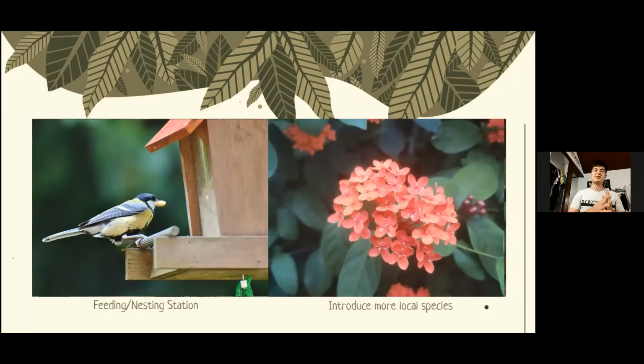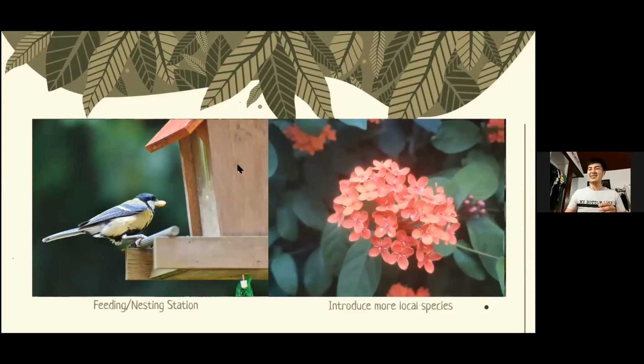A lot of the garden birds in Malaysia will feed on small grains. Some will feed on insects. So you might not be able to attract some of the insectivorous birds, but you might have more success in getting the vegetarian birds.